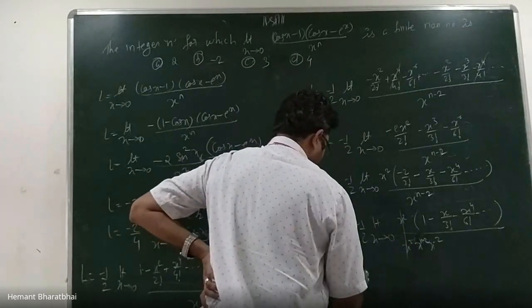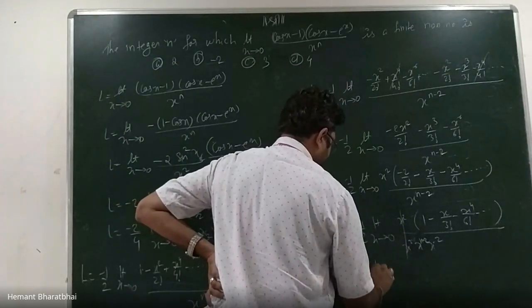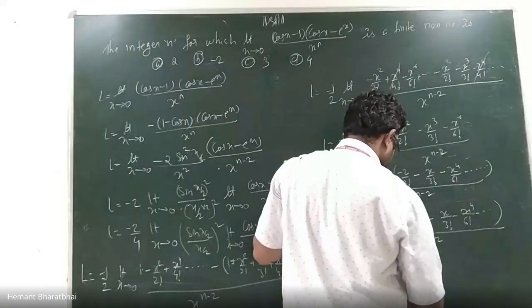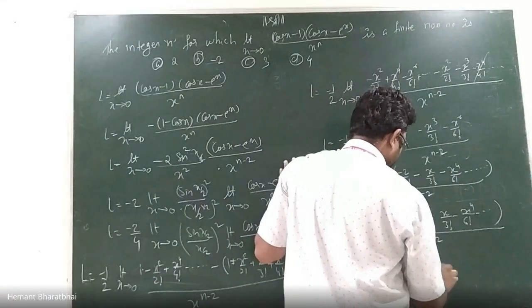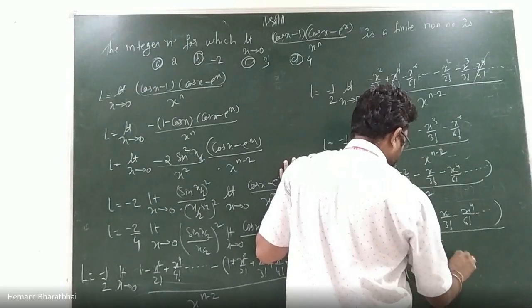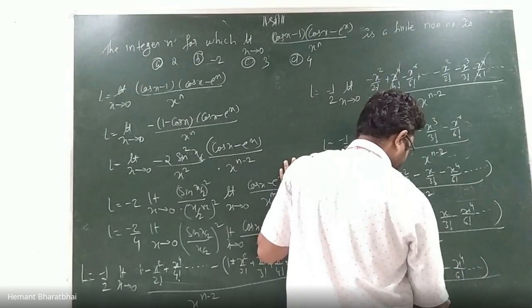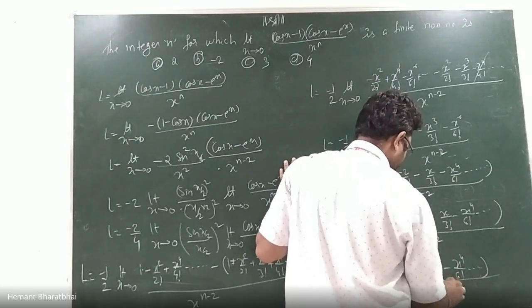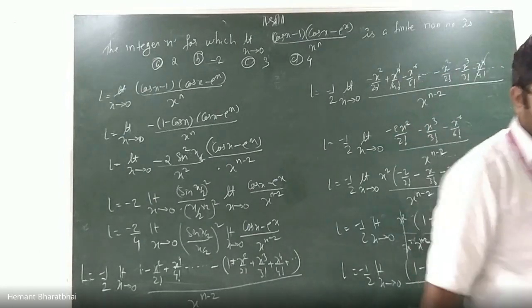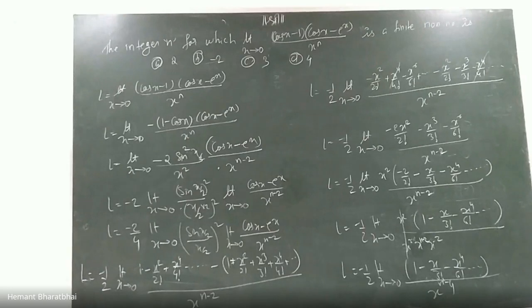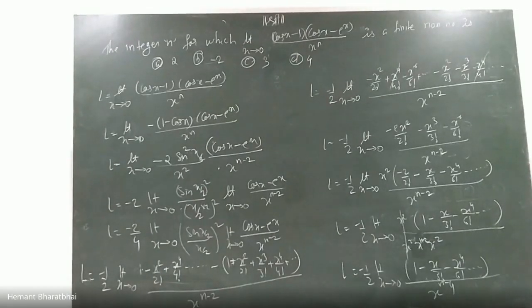So I get L is equal to minus 1 by 2, limit of x tends to 0, 1 minus x by 3 factorial minus x raised to 4 by 6 factorial and so on, upon x raised to n minus 4. Hope till here it's clear.